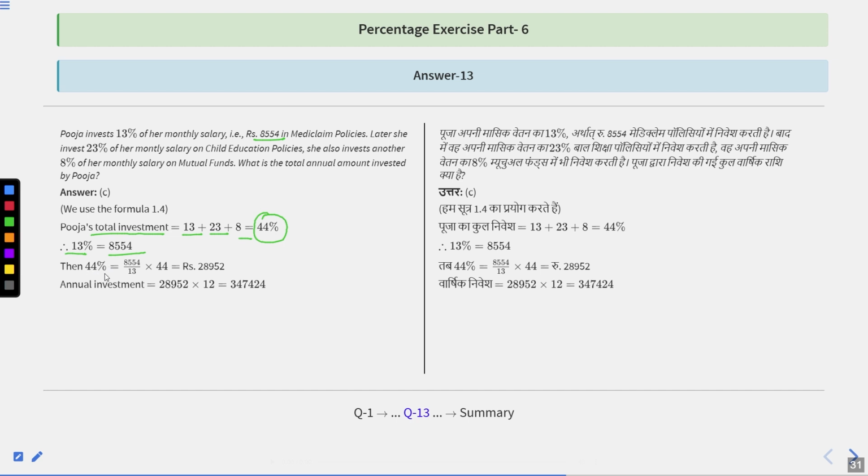Then 44% will be 8,554 divided by 13 multiplied by 44, which is 28,952 of monthly investment. Now, what will be the annual investment? We multiply this number by 12. So 28,952 multiplied by 12 will become 3,47,424. So C is the correct answer. Next one.